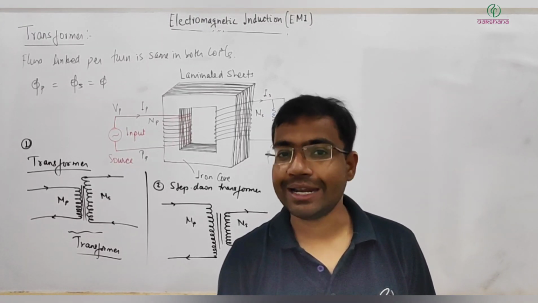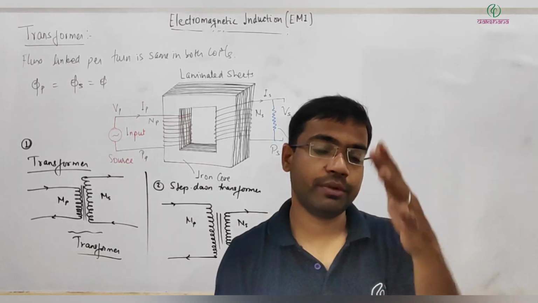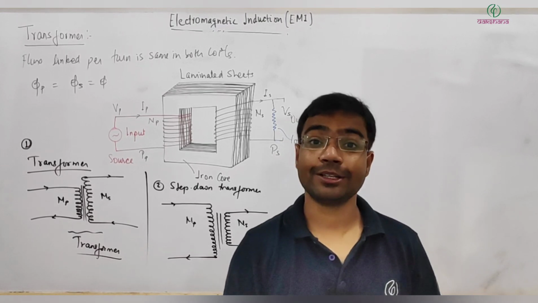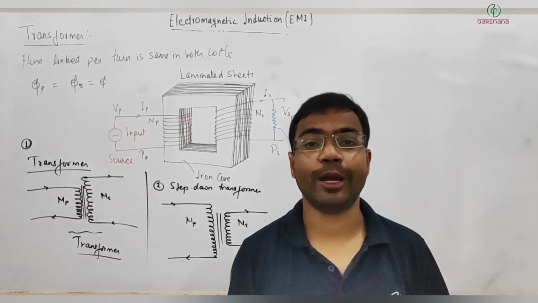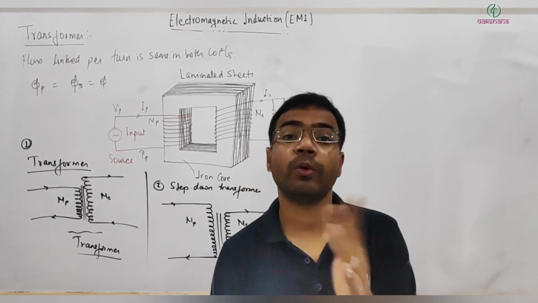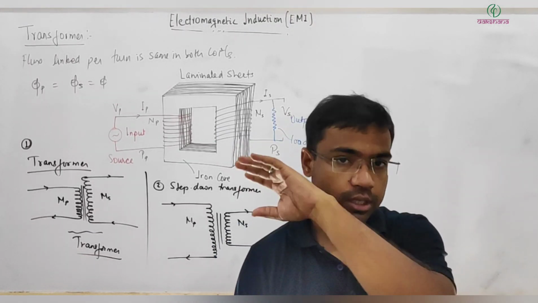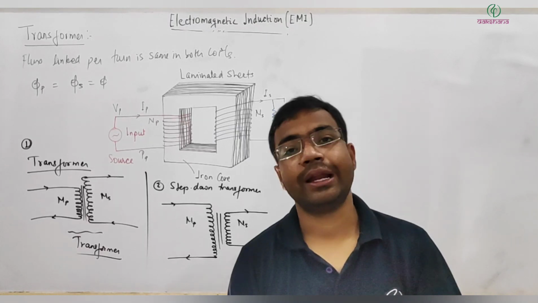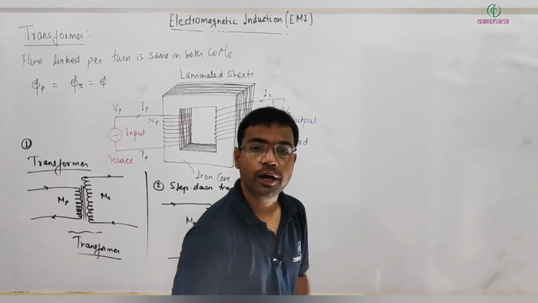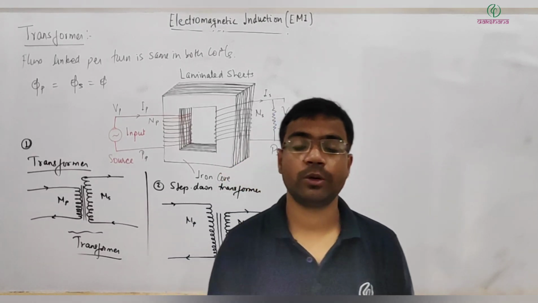So how does 11,000 or even higher get converted into 220? You might have definitely seen some transformers kept in nearby areas. These work exactly this way. They convert the input power supply to the required home appliance voltage. So that is the function of the step down transformer.